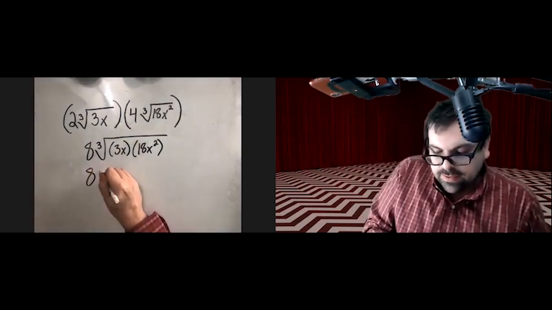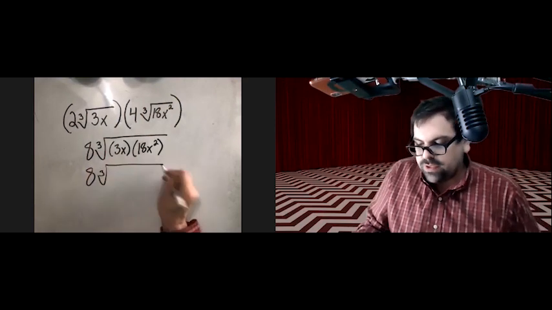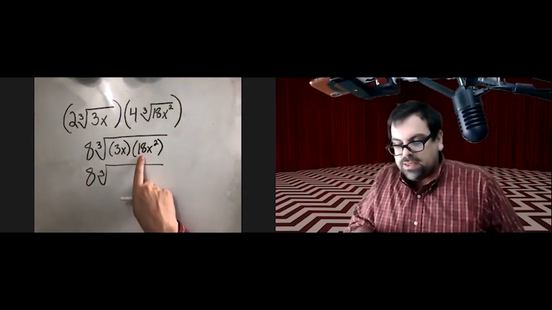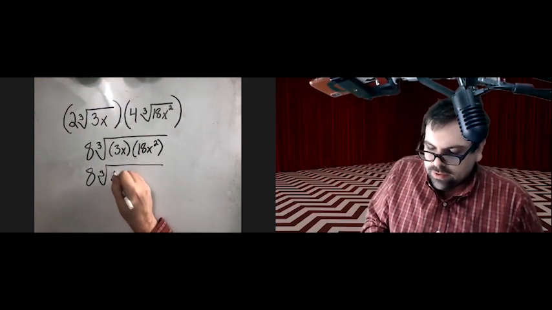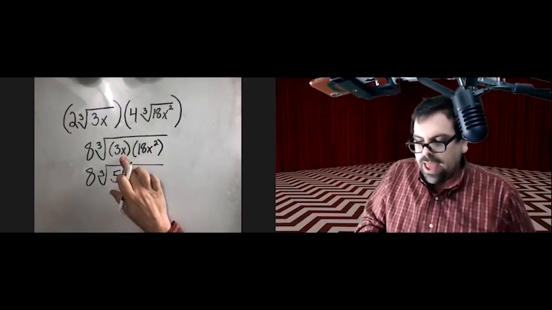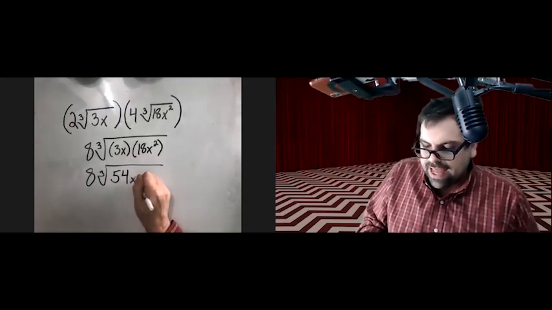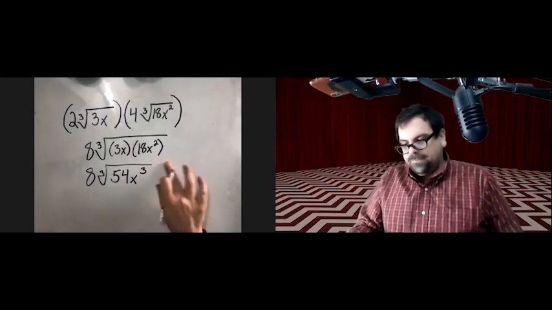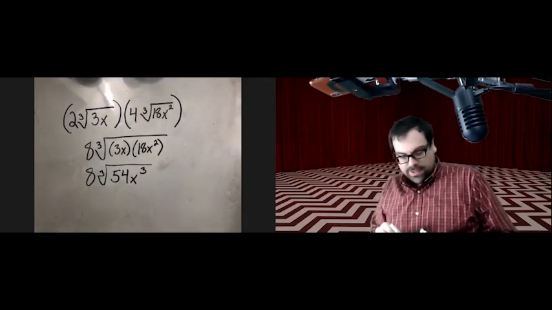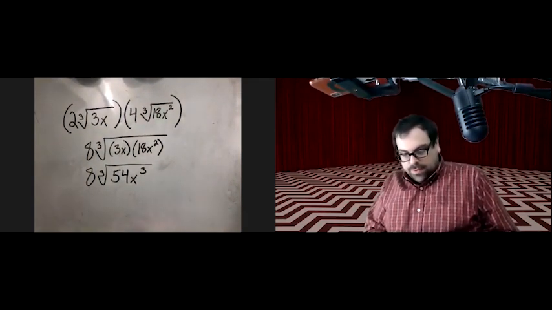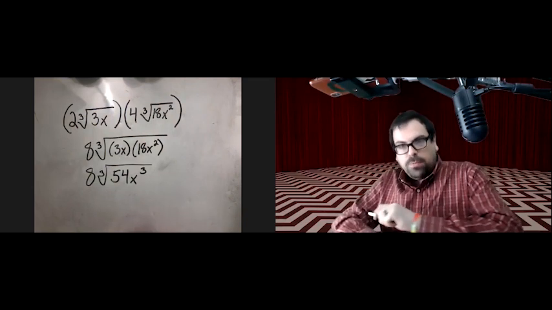So 8 times the cube root, 3 times 18 is 54. X times x squared, add the exponents, is x cubed. So pop quiz.